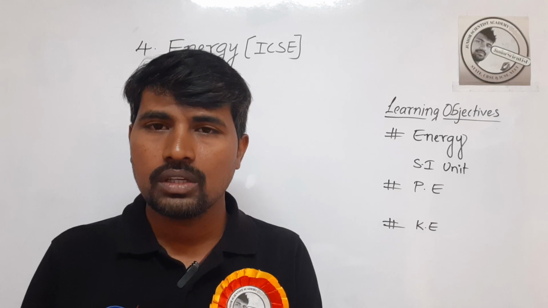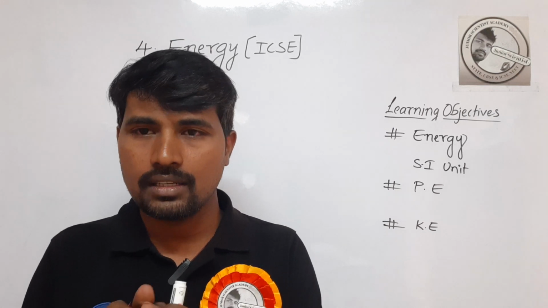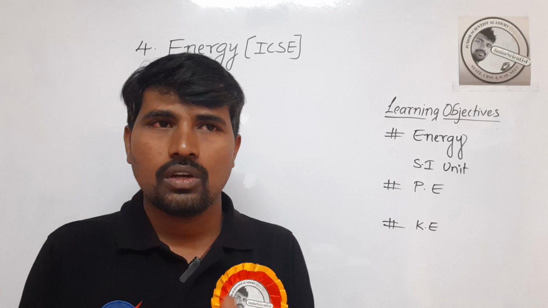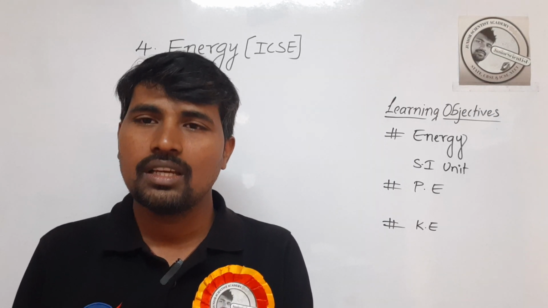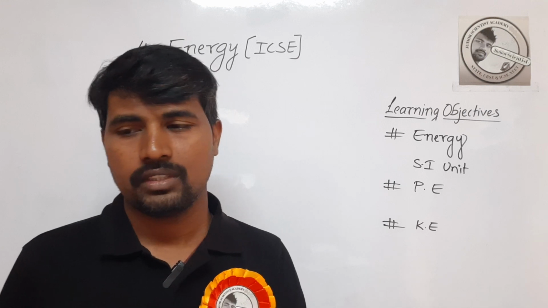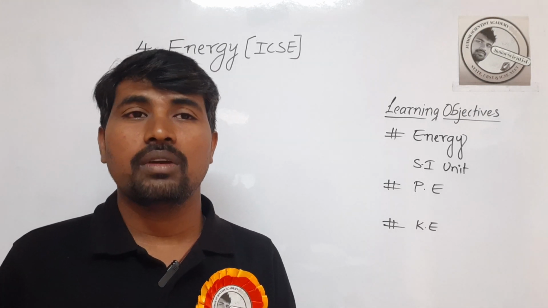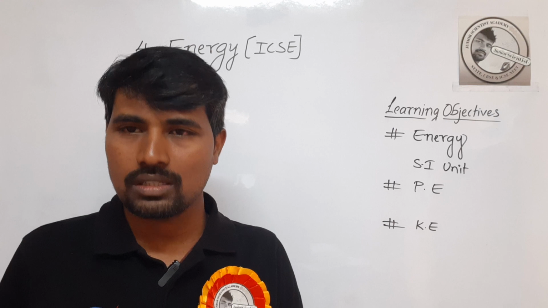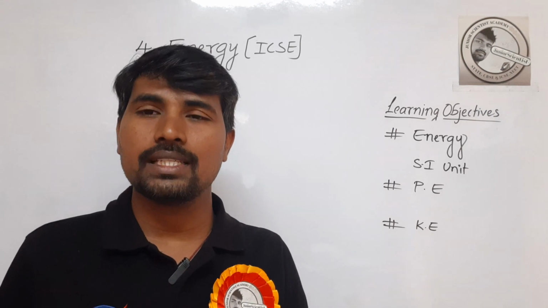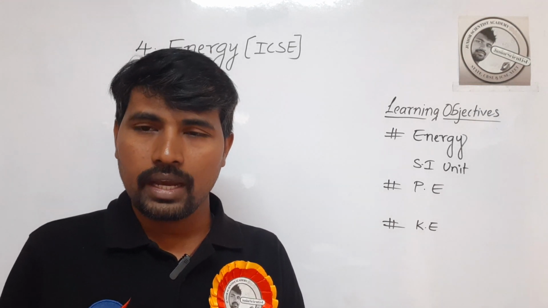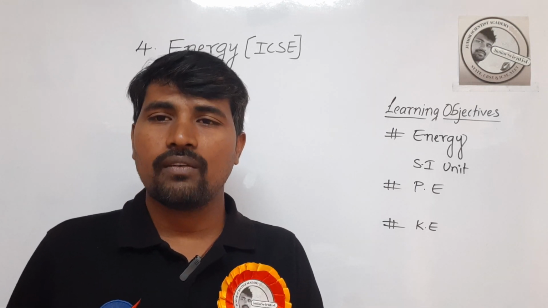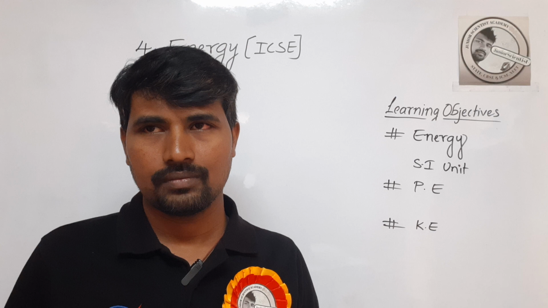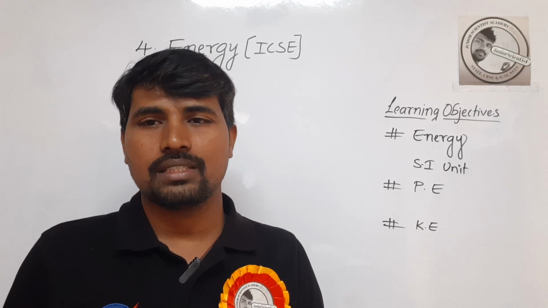For example, a person is under fasting, from morning 6 to evening 6. At the time of evening 6, he is unable to stand. He may not do his personal works also. What is the reason? The person doesn't have energy, food energy, chemical energy.